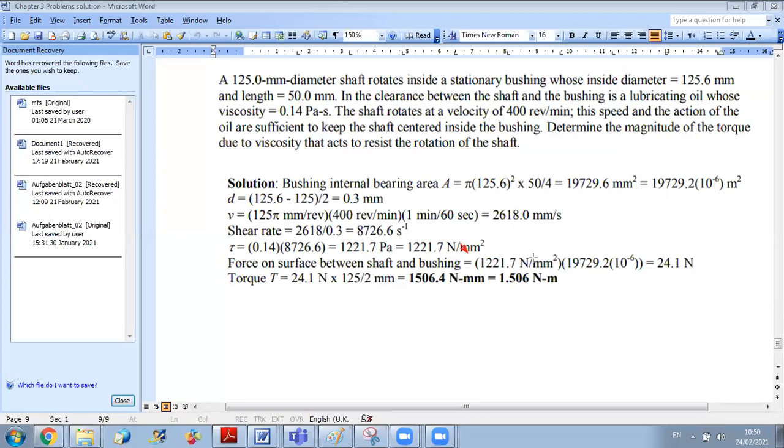So here, this is wrong. This is Newton per meter square because it's Pascal, and because of that, the area should also be in meter square. This is why they multiplied here by 10 minus 6. Then you can get the force between the shaft and the bushing. And finally, for the torque, you multiply by the inner radius.